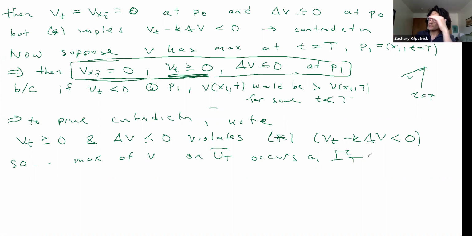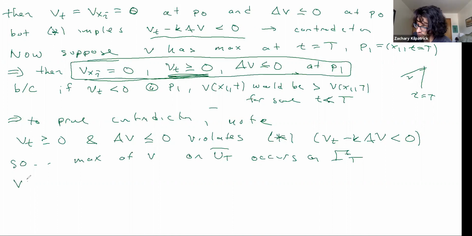Okay. And the way that we've dealt with that is we've been able to come up with this stronger strict inequality on V sub t minus k Laplacian of V, to handle this boundary case, okay? So now we need to squeeze down this perturbation and have these inequalities survive in that case, okay?